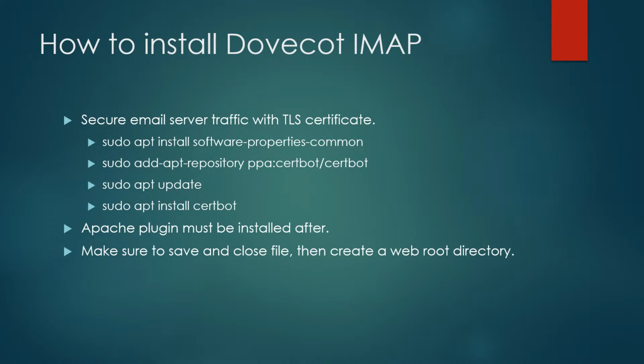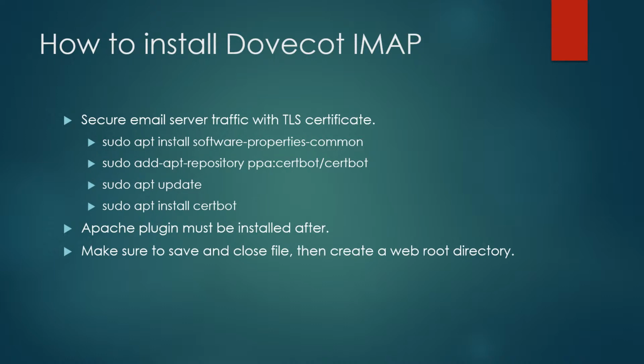Those are the commands you use to install it. If you use an Apache web server, which we do use, you need to install the Apache plugin. Having an Apache virtual host for mail.your-domain.com before obtaining the Let's Encrypt TLS certificate is essential.